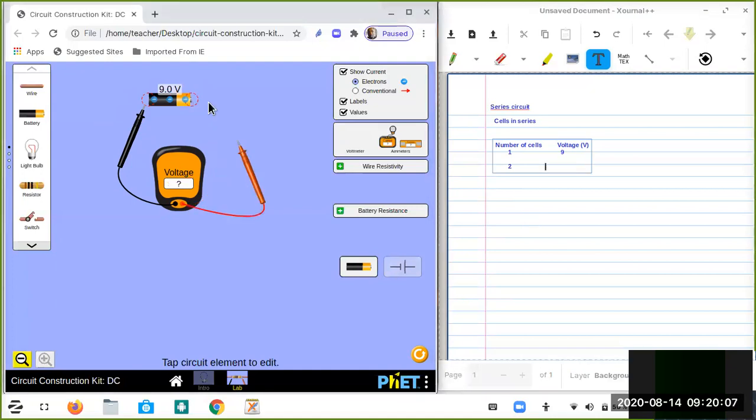Then I take another cell and connect it there. You can see here that each cell is 9 volts. So if each cell is 9 volts, what is now the total voltage across the 2 cells? If you check here, the voltage is now 18.